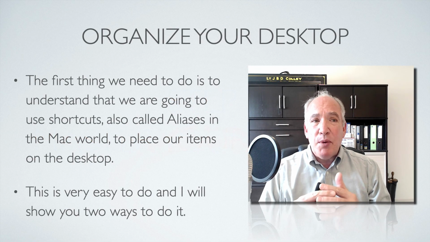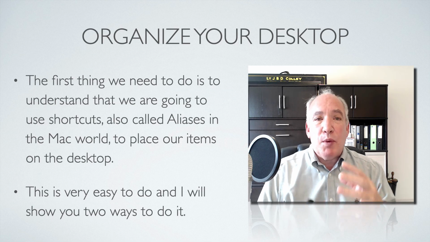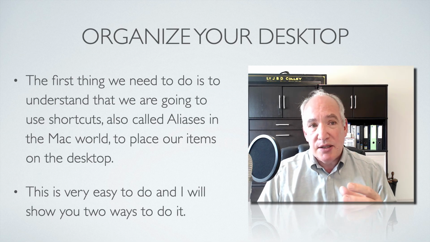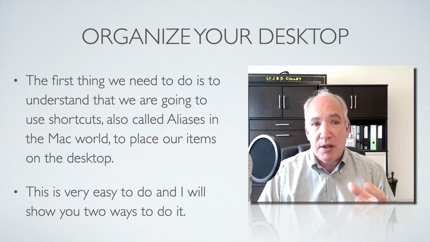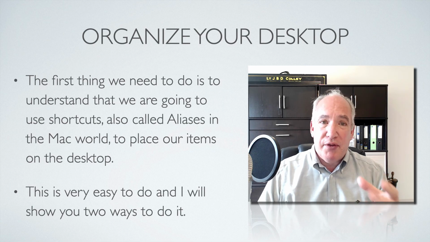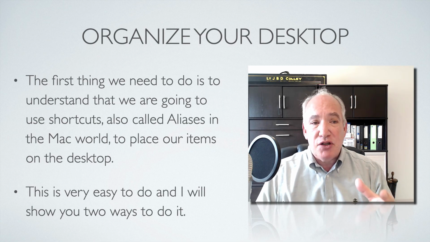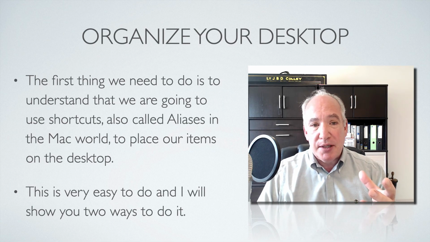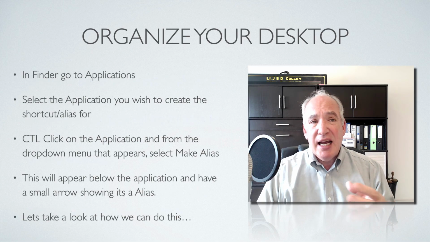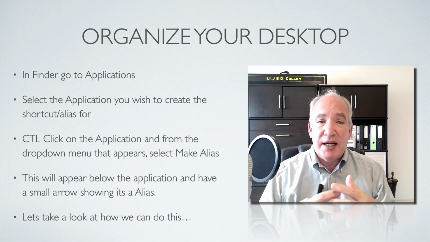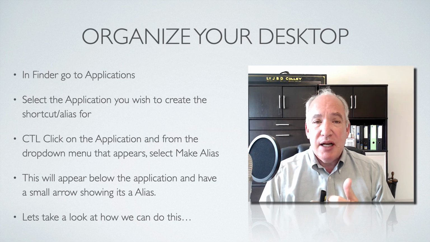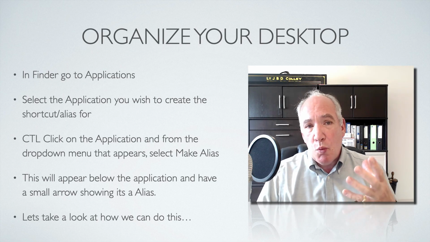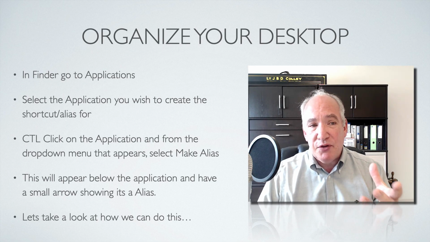Now, the first thing we need to do is understand that we are going to create shortcuts, also called aliases in the Mac world, to place our items on the desktop. This is very easy to do, and I'm going to show you 2 ways to do it. Firstly, if you go into your Finder and go to Applications, you can select the application you want to create the shortcut or alias for.